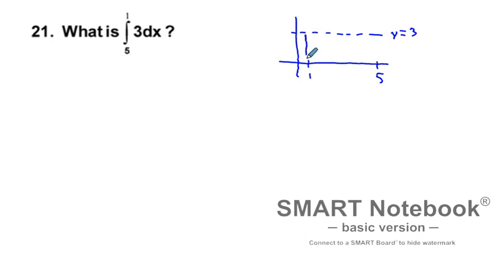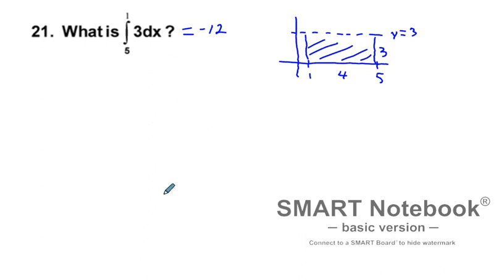So we're talking about the area of this rectangle, which is 4 by 3. The complication is that we're going in the reverse direction, so our answer is going to be negative 12 because of the limits of integration being reversed from what you normally expect to see.